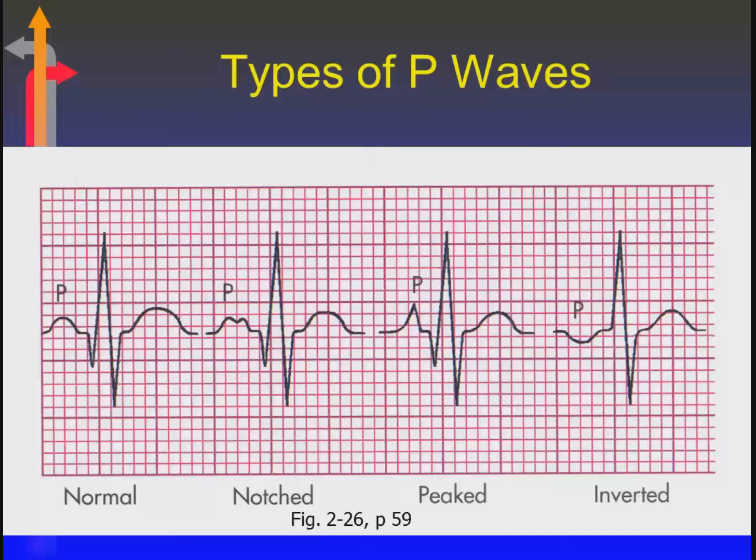If the wave goes this way, it's a negative wave. So if it's emanating from the node, the atria is going to be innervated in a backwards fashion, going upwards from the bottom to the top. It's going to be a negative waveform.